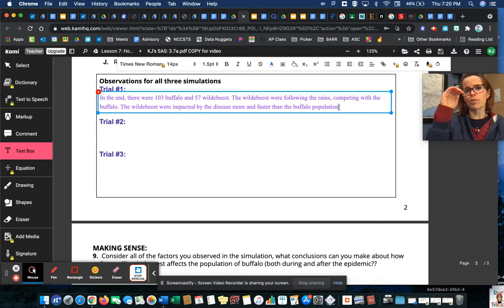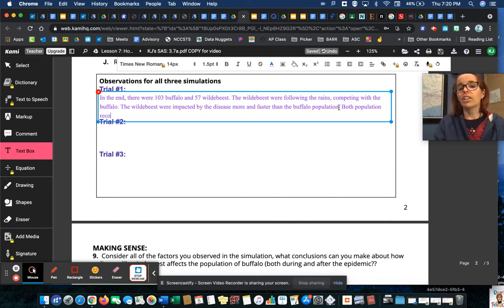Their population dropped really fast. And then they both recovered. Both populations recovered after the vaccine. We saw both populations increasing.